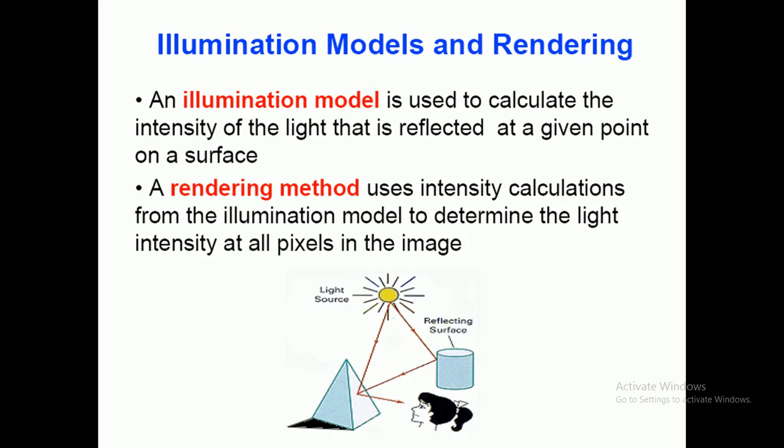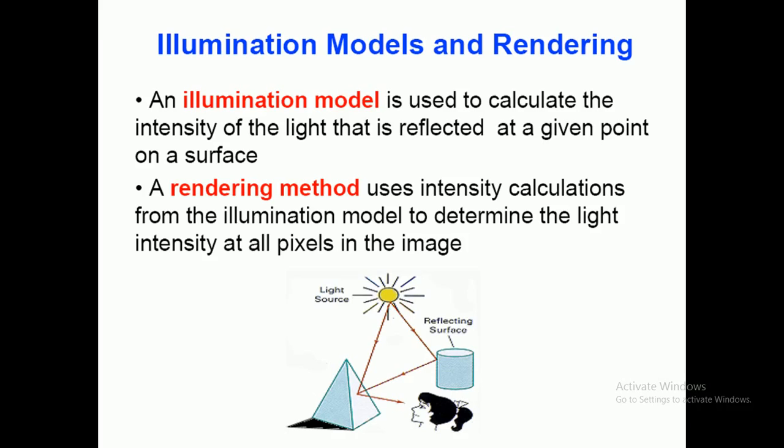One example you can see: sunlight falling on the pyramid, and one reflecting surface, a cube, a cylinder-like structure. Then some rays fall on some other object, then that object will reflect, and again that reflected light falls on another object, then that ray may enter into your eye.